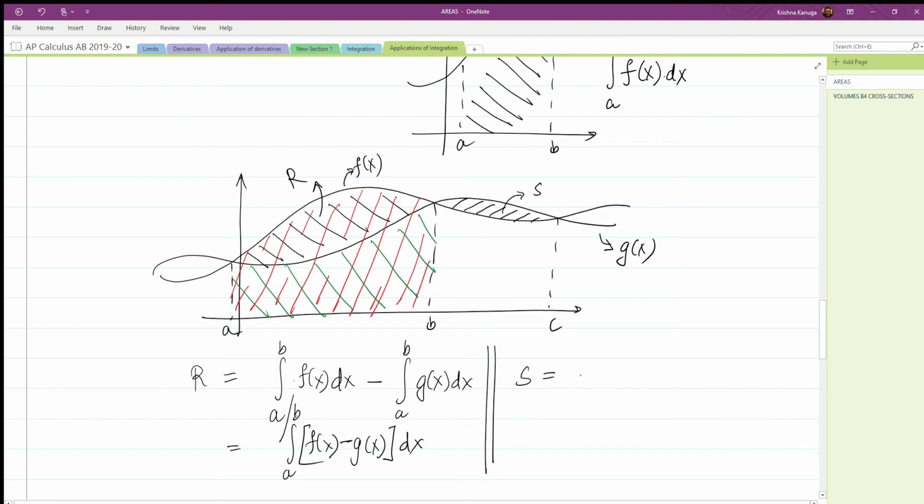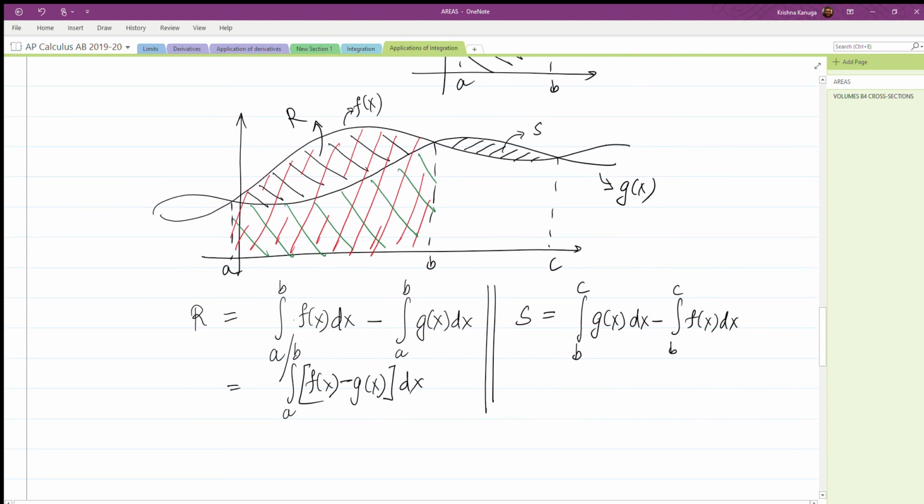We could write this area as the integral b to c of g of x with respect to x, minus the integral b to c of f of x with respect to x, because clearly the area under the function g is the larger area in this particular interval. We can rewrite this as the integral b to c of g of x minus f of x with respect to x. So this gives us the area of region S.